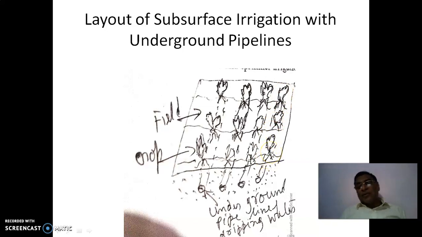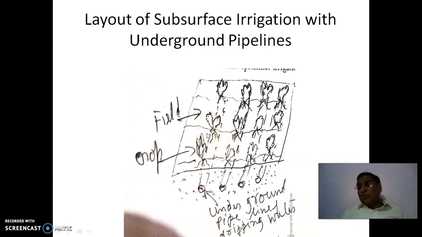They are made with some kind of slots or porous, so that exactly where the plant is, water is released so that the root system can absorb it. All along the field the pipelines are laid down, the plants are planted along that pipeline, and moisture flows through capillary action.